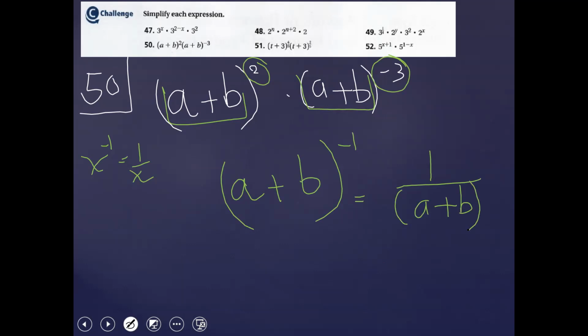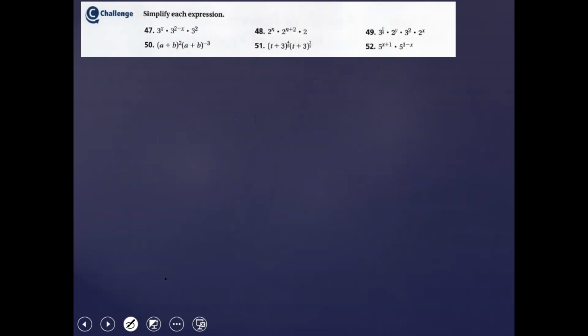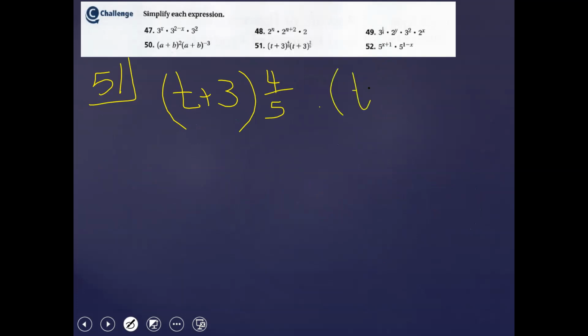Let's now do number 51. In number 51 here, we have t plus 3 raised to the power 4 over 5 times t plus 3 raised to the power 2 over 5. Where's our base? Yes, it's t plus 3.